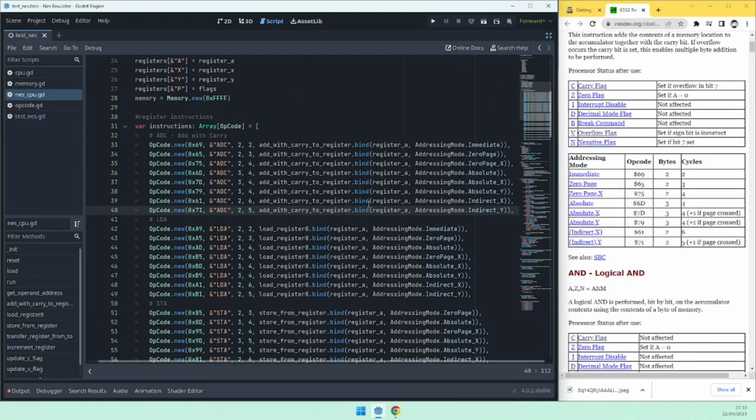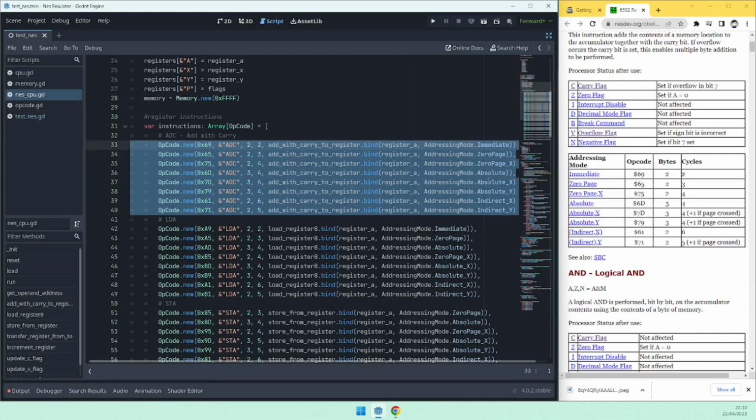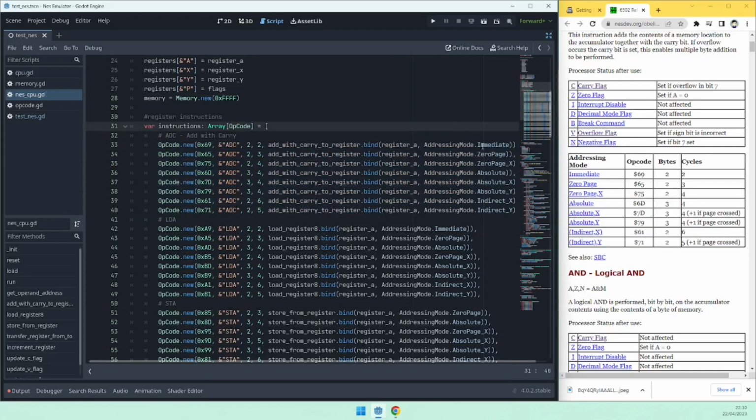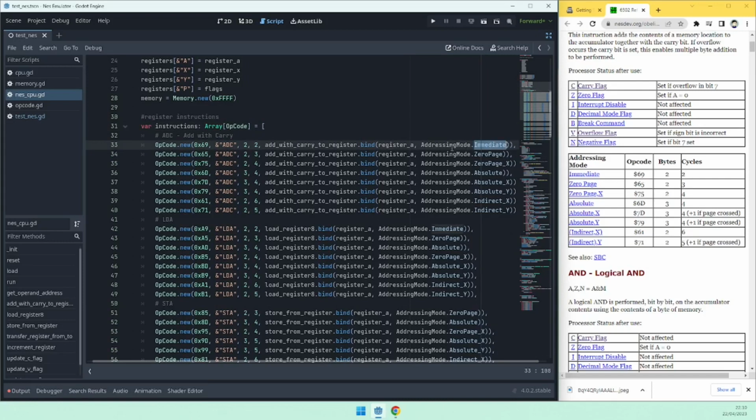So now we can start making test cases. Because we have tested all the addressing modes, we should not need to test every addressing mode again. We should be able to just use immediate and assume the addressing mode is working properly, because we have tested it in LDA.